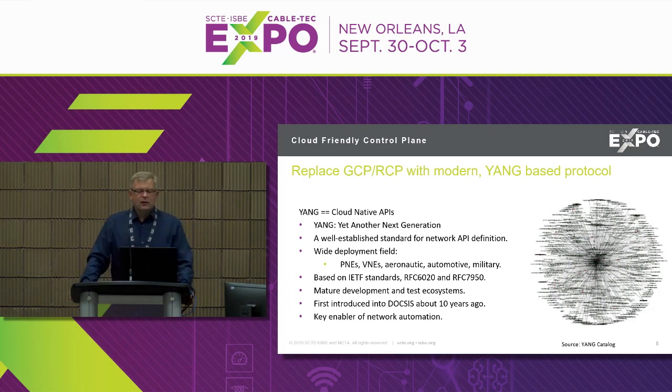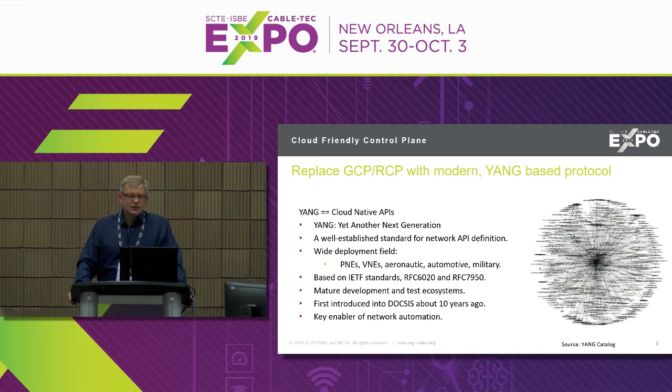So the key of the proposal is to replace GCP and RCP with a modern YANG-based protocol. YANG is the foundation of cloud-native APIs and automation. YANG stands for Yet Another Next Generation, a network management data modeling language.